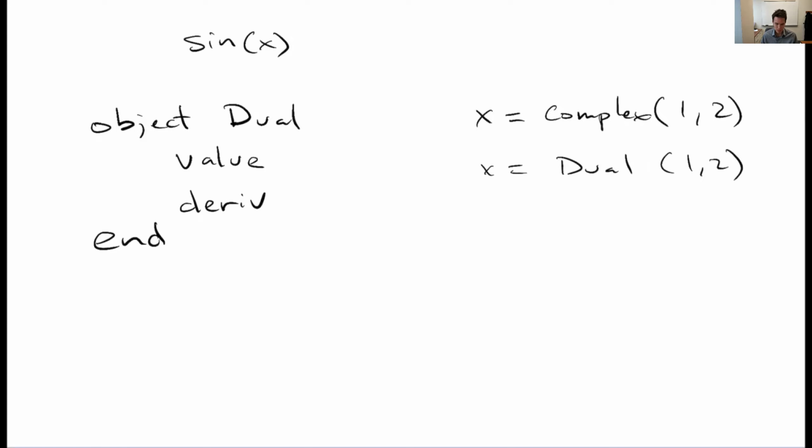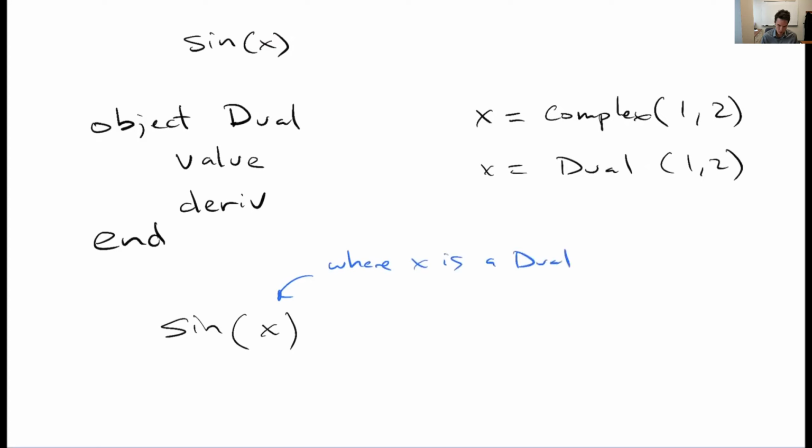Now I need to overload my function. So if I call the sine function, let's say on some dual number here, we'll just call it sine of x, where x is a dual, right?